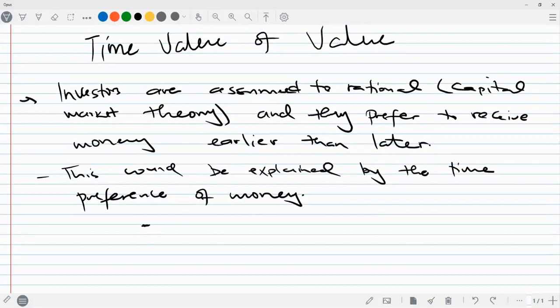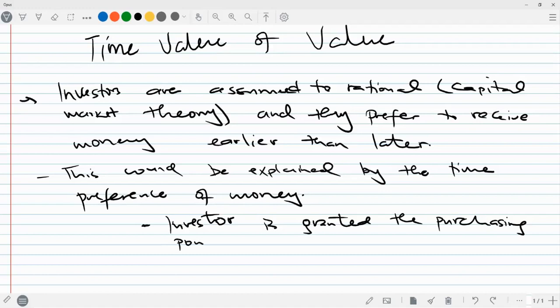One reason for the time preference for money is that the investor is granted the purchasing power of money earlier than later.